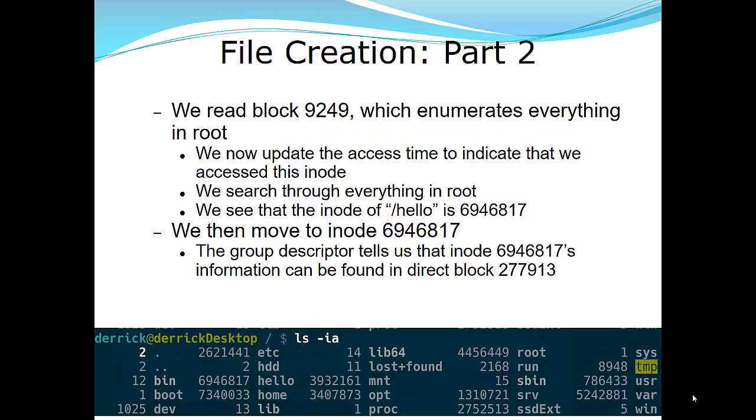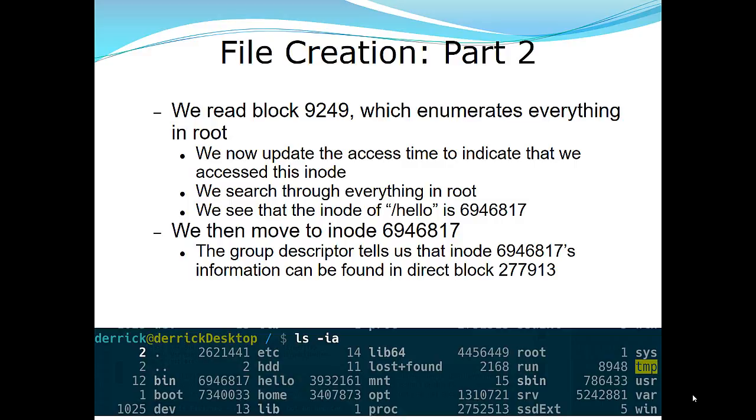First we got to read block 9249. This is going to tell us everything that's in the root. Okay, we now update the access time to indicate that we have accessed this inode. That's what's going to happen. We search through everything in the root, and then we see that the inode of the /hello folder is 694.6817.